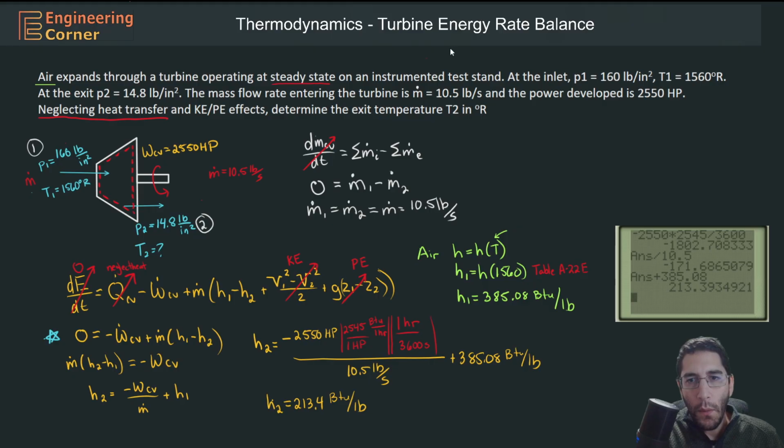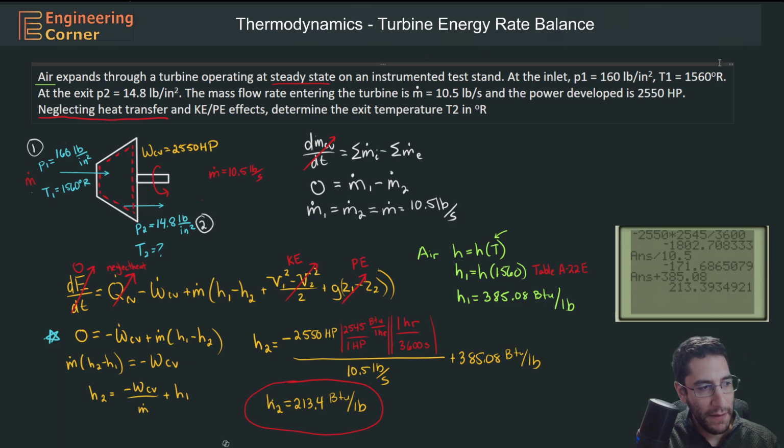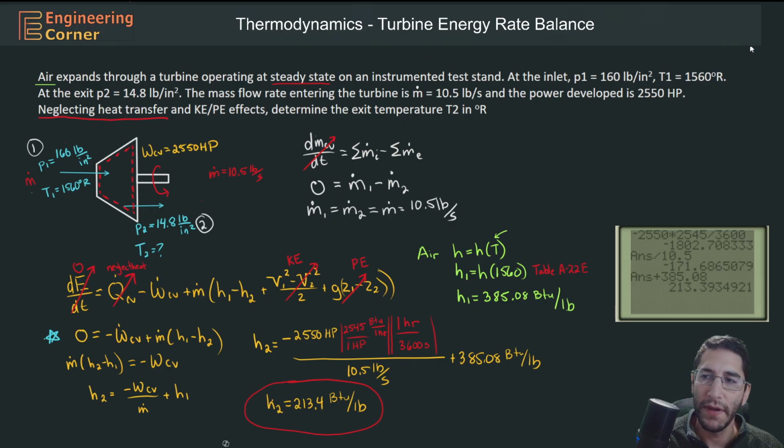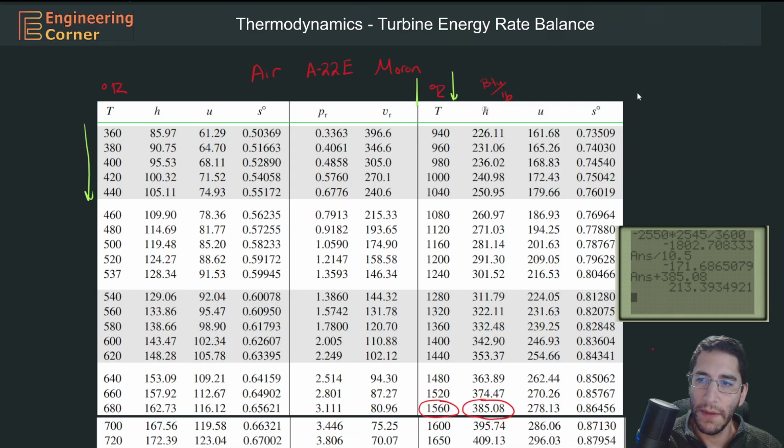So now we're going to take H2 and do a reverse lookup in this chart. Rather than have a temperature and find H2, we're going to have H2 and find the temperature. So we go back to our table and start looking through H2.